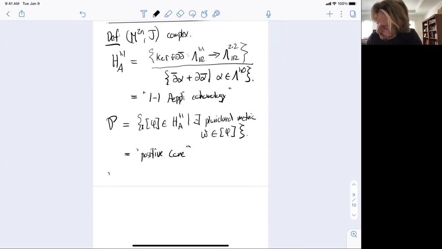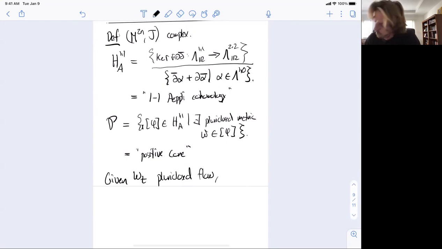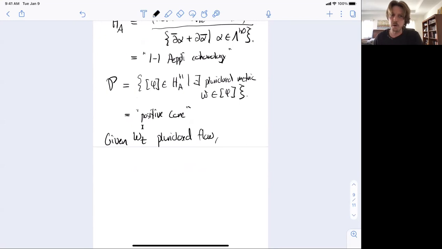So given omega_t a pluriclosed flow, we get this exact same equation. Well, maybe I just do the trivial computation.